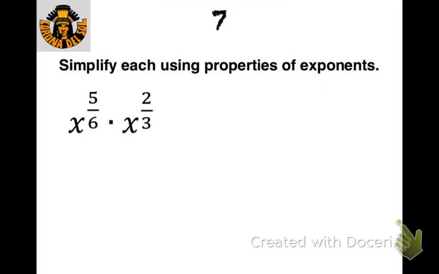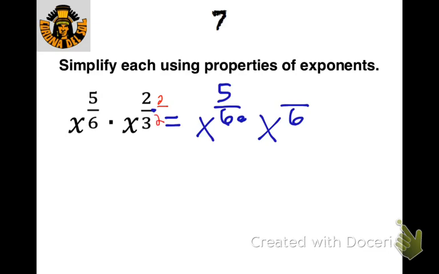All right, this one we're just going to keep the base, which is the x, and just add the exponents. So we need a nice common denominator. So let's go for a 6 on the bottom for both of them. This one's already a 6. Let's make the other one a 6. So to turn a 3 into a 6, you got to multiply by 2. So we'll do that, we'll multiply the top and bottom here by 2.